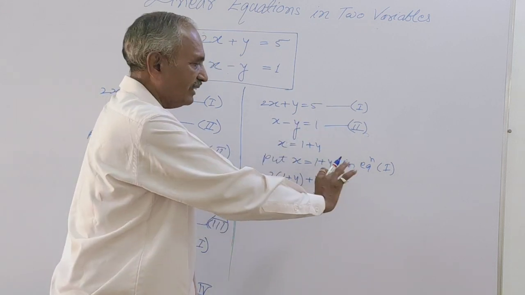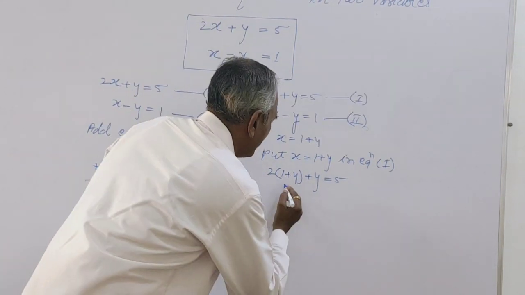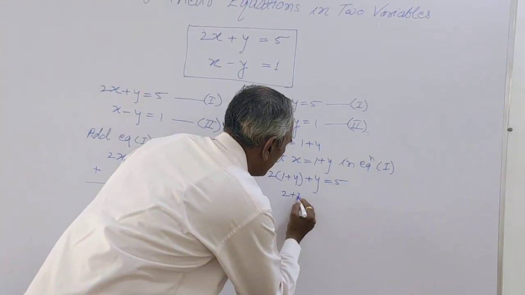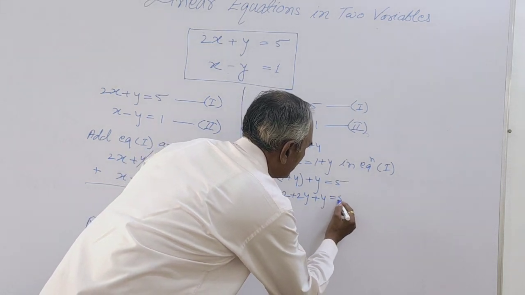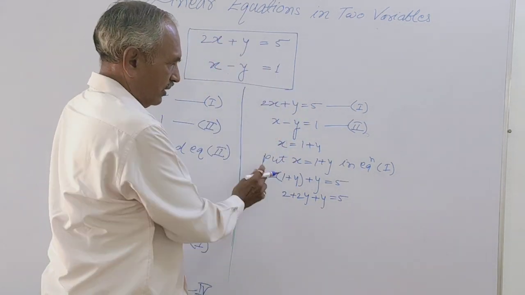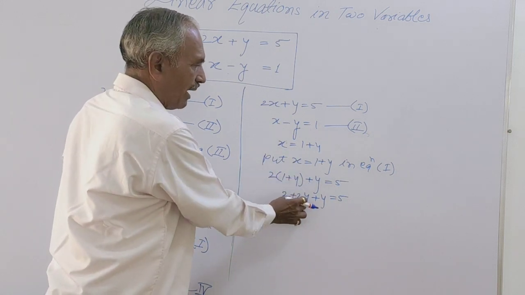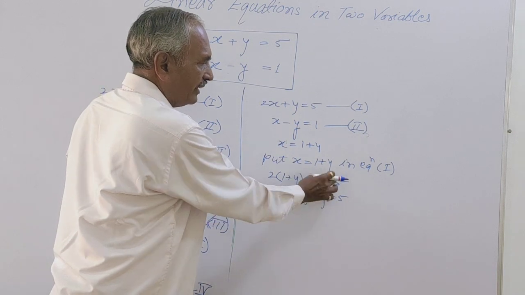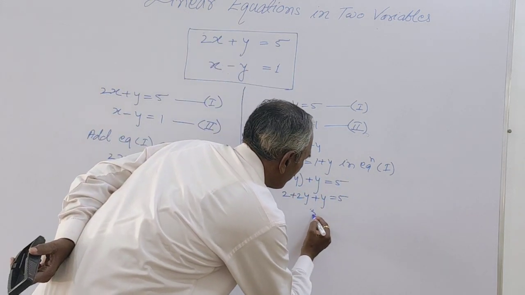Now I will solve this equation, because this is an equation in one variable. I will expand this, means 2 plus 2y plus y is equal to 5. 2 multiplied by 1 is 2, 2 multiplied by y is 2y, plus y is equal to 5. It means 3y.